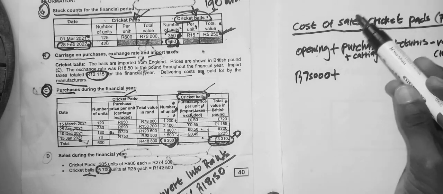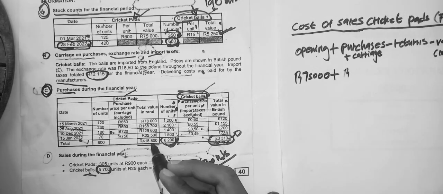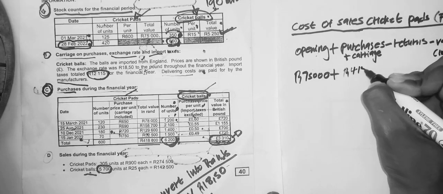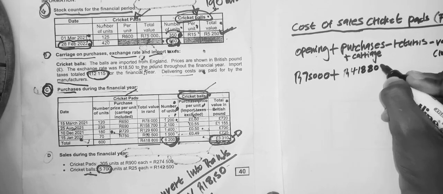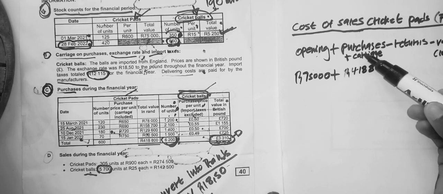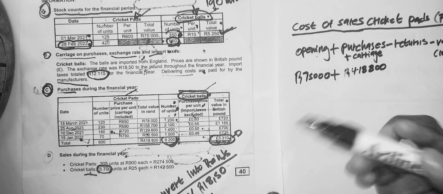Then we write it down here under purchases. Purchases they are saying is 418,800. So 418,800 plus our purchases. So yes, remember their carriage also, they say purchases plus carriage. Carriage is the transport, but here there is no carriage, so we will pass that one.